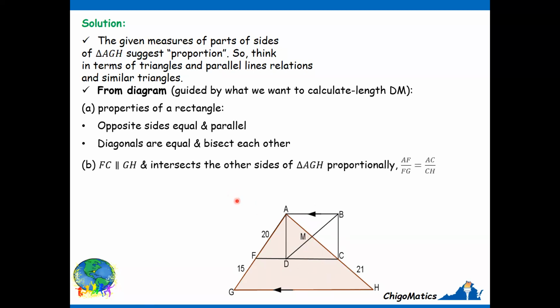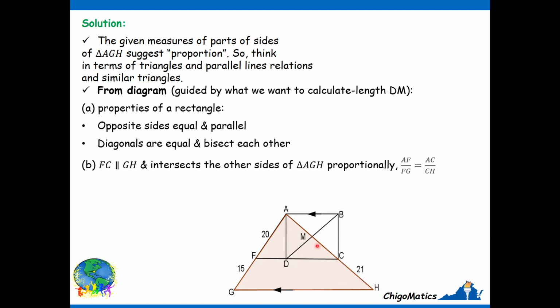Then you also realize that FC should be parallel to GH. Why? Because DC is parallel to AB, by definition of a rectangle. So FD is just an extension, so FC is also parallel to GH.